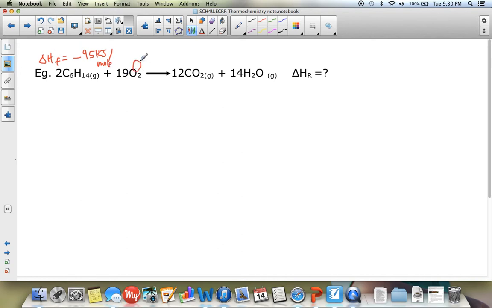Oxygen is in its elemental state here, so it's 0. Standard heat of formation of carbon dioxide is negative 393.5 kilojoules per mole. And the standard heat of formation of water in its gas, this should be liquid state, is equal to negative 285.9 kilojoules per mole.